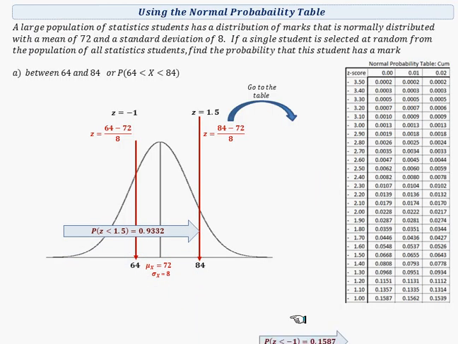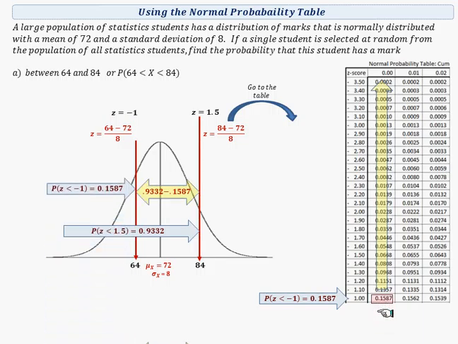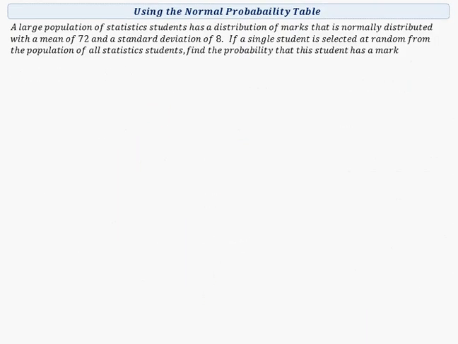Now we go to the other value, negative 1, and you can see here negative 1.00, the area is 0.1587, and that's the area up to this red line on the left. And the area between the two, of course, is just the difference, and we can find that difference is 77.45%.